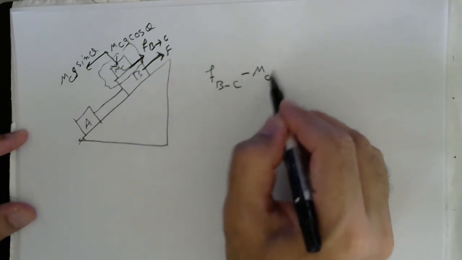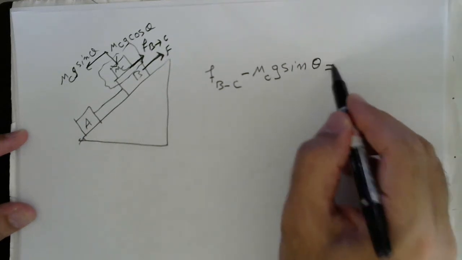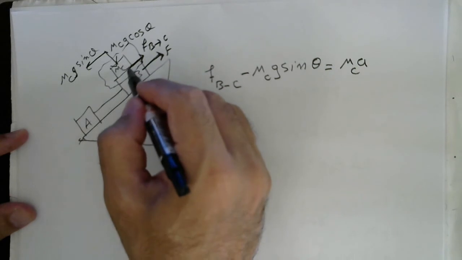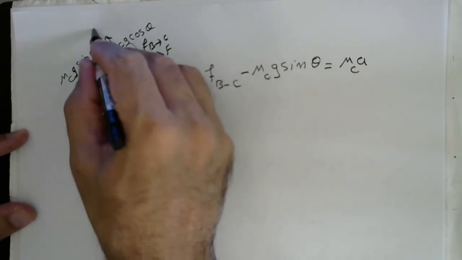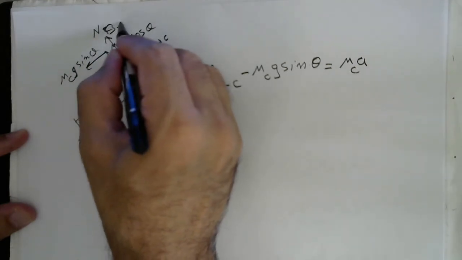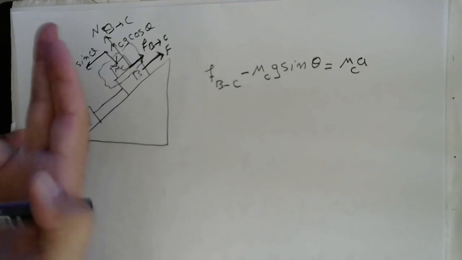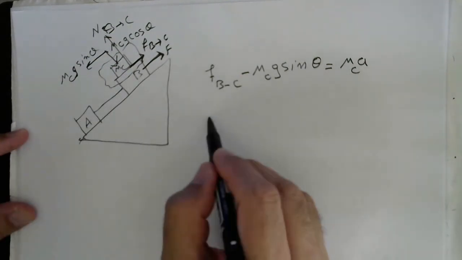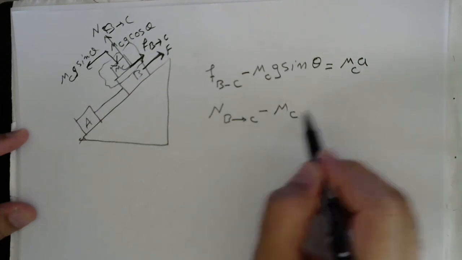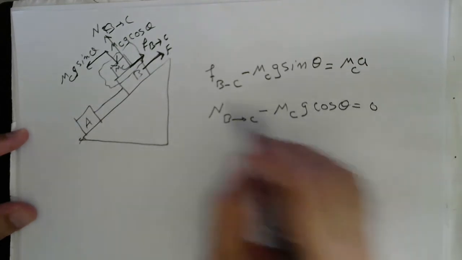Minus m_C g sine theta is m_C a. There is also a reaction force here, which is N_B to C, from the surface of B acting upward. So N_B to C minus m_C g cosine theta is 0.